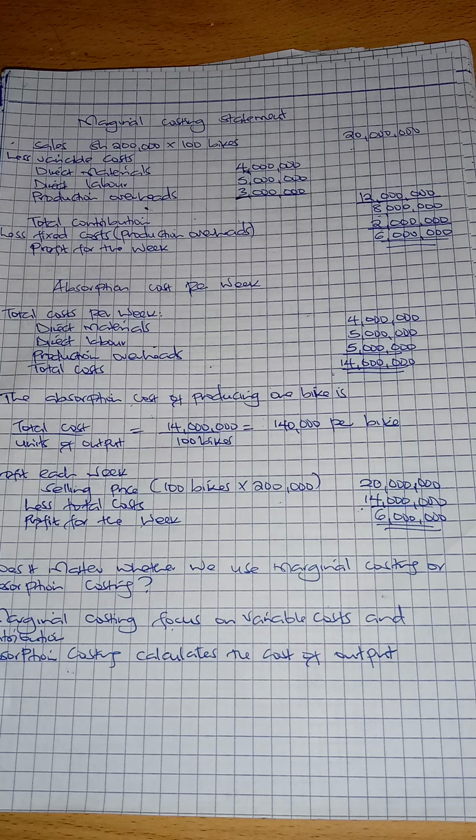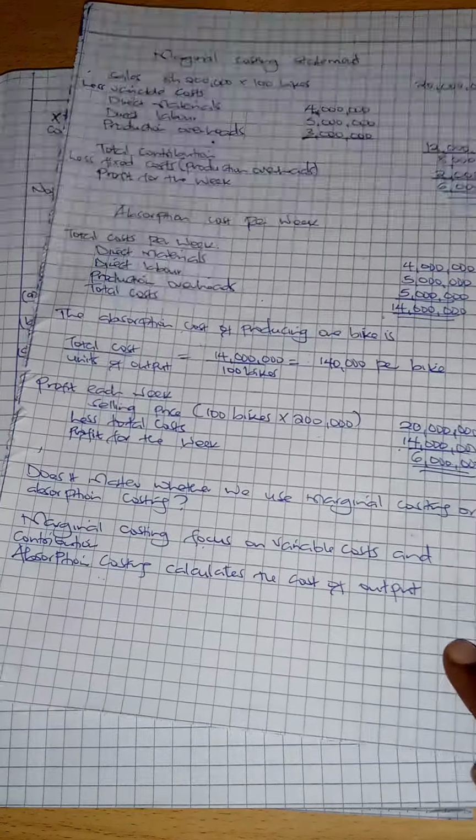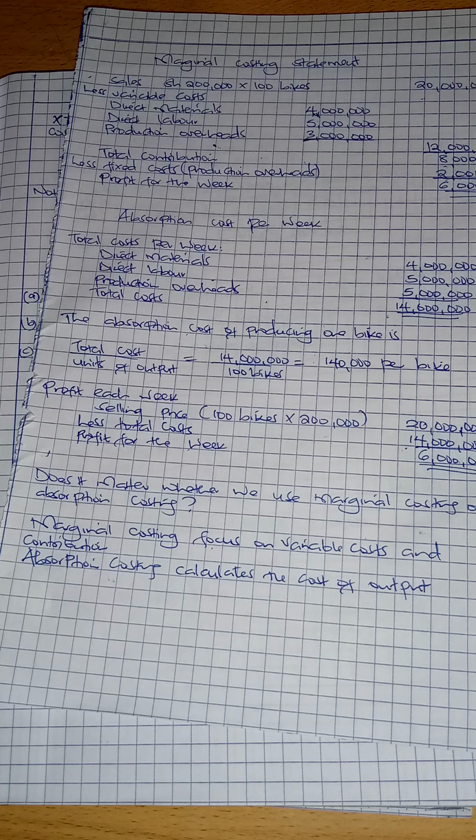Because you will ask yourself, what is the essence of preparing under marginal costing statement and under absorption costing statement, and by the end of it all, you will have the profit being equal? So the reason is, we have marginal costing. It does matter because marginal costing has its focus on variable cost.